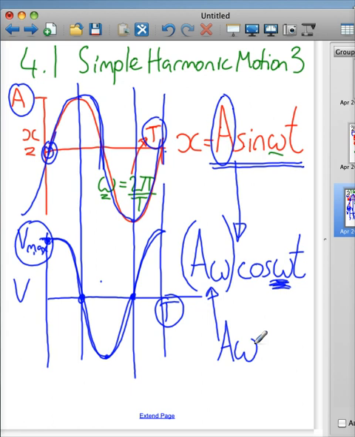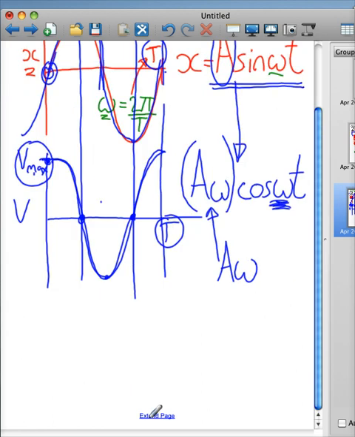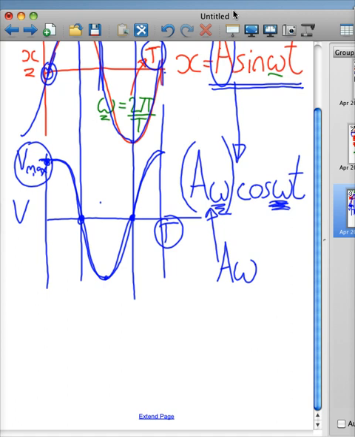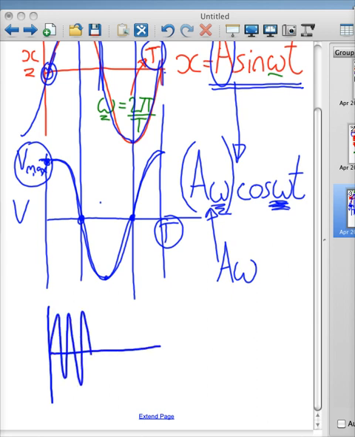And when you think about it, this makes a lot of sense. If we have a big omega, think back to what we had before when we had the really big omega. It's going up and down very fast.